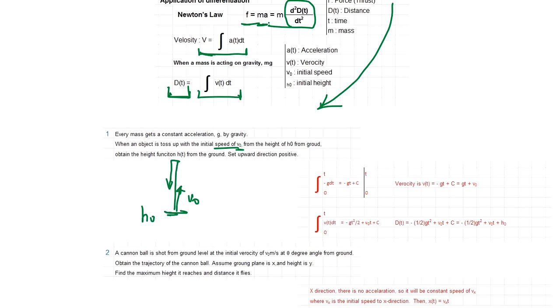So this is the distance function d(t). The acceleration is g, so the speed function v(t) you can calculate.